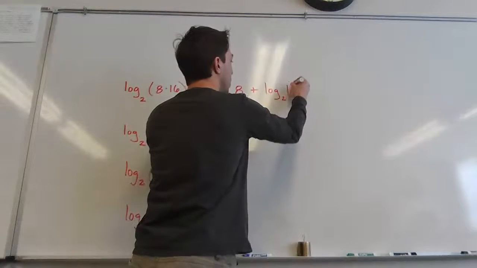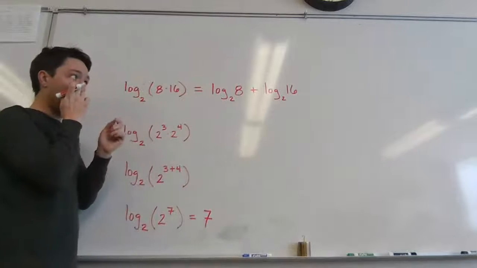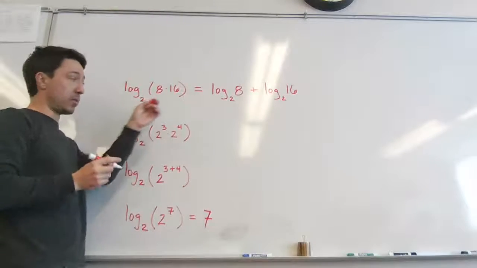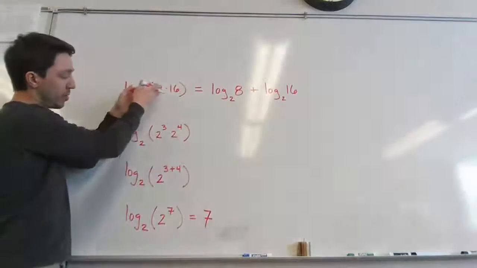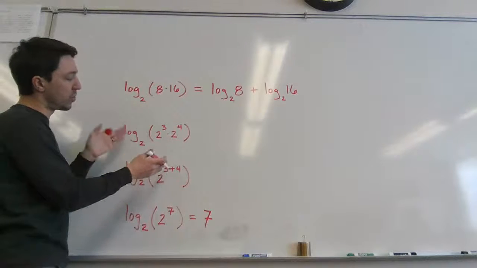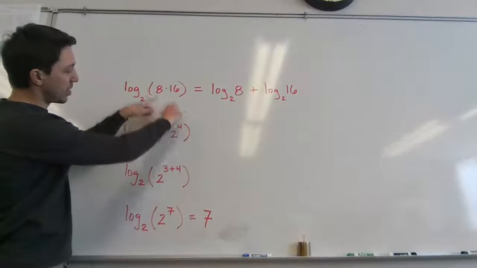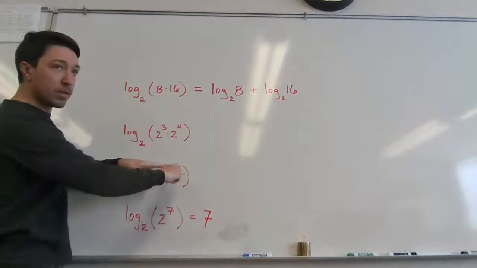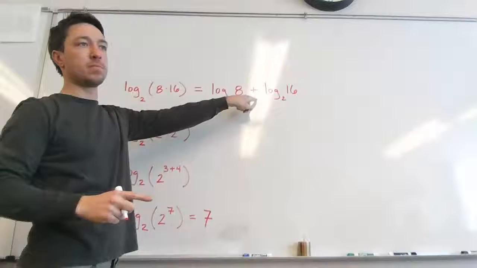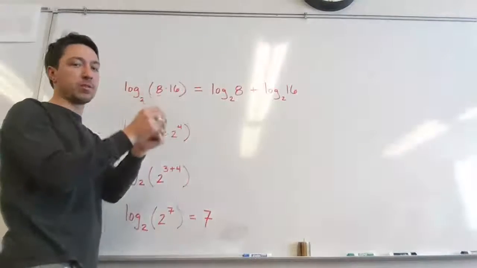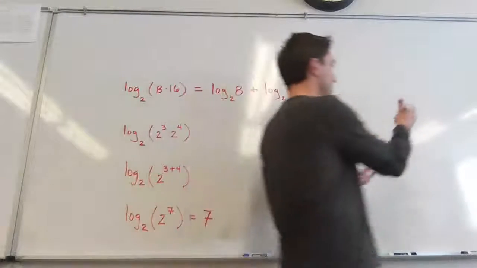So what I'm trying to show you here is that when you do this, the two exponents associated with these two terms get added up. That's where this addition comes from: exponentiation turning into addition. So the general rule is this.